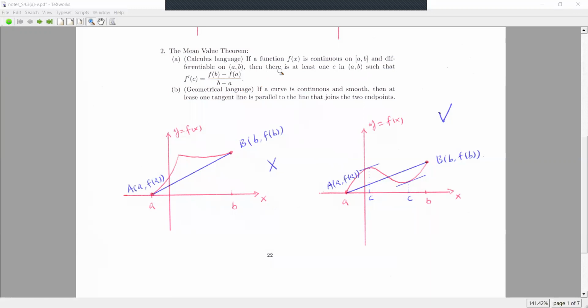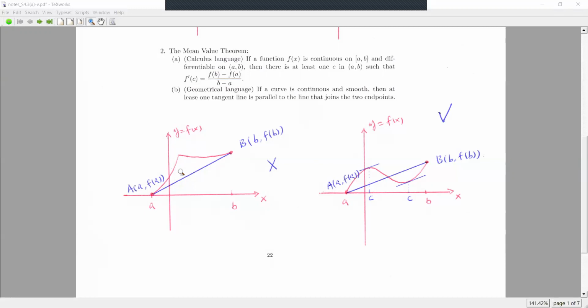Then the conclusion: there is at least one c inside this open interval such that the derivative at c is this number. This number is the slope of the line that joins the two endpoints. By the slope formula, you will see the slope of the broad line is this number.